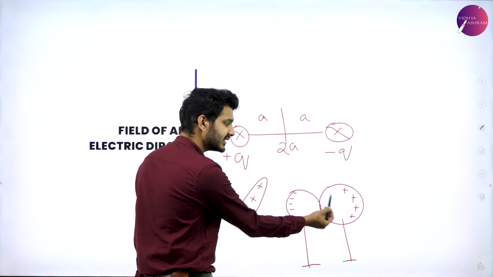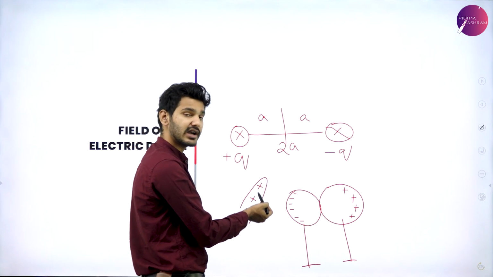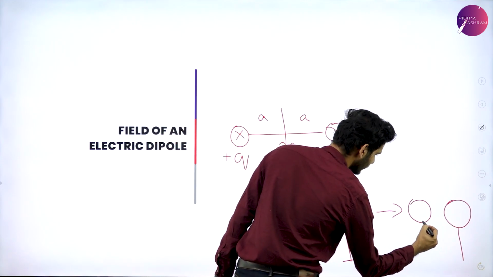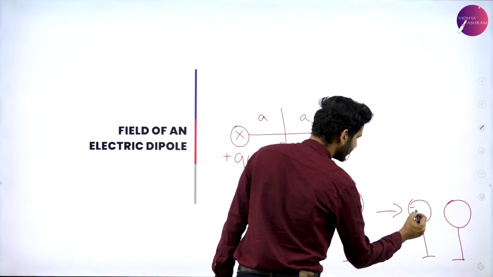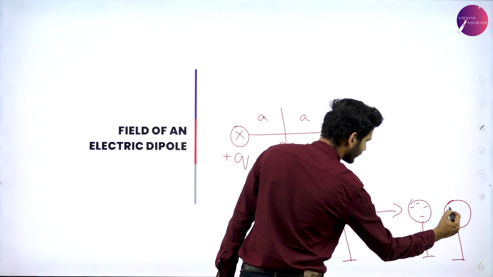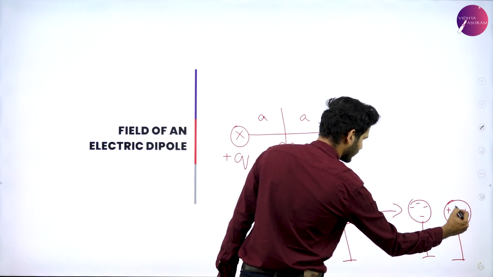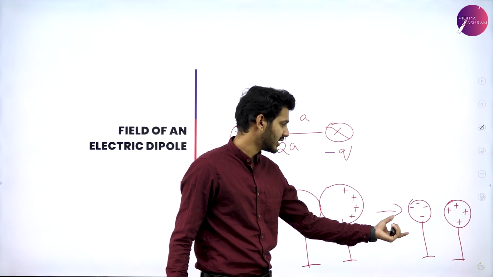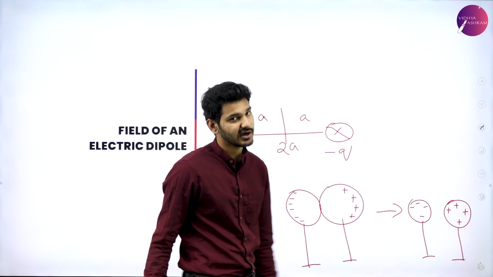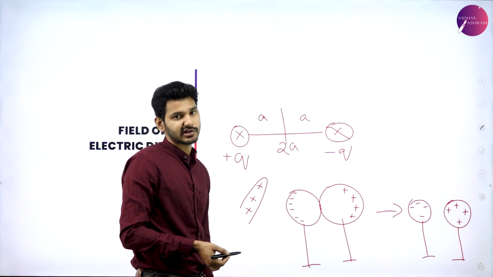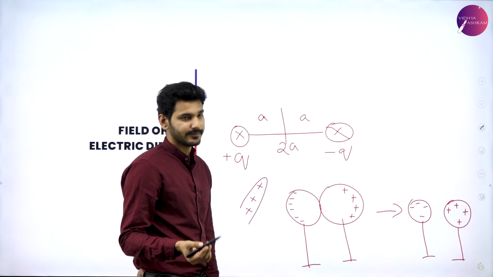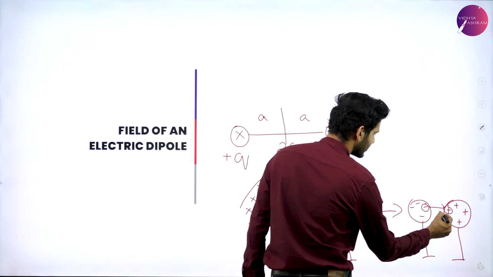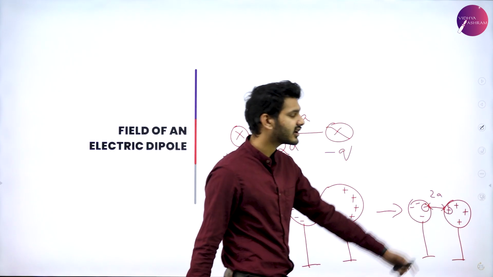And if we separate these spheres, keeping this glass rod like this only, then we will have two metal spheres, one being negatively charged and the other being positively charged. And these charges will be equal in magnitude, but they are opposite in polarity. So we can say that the distance between, let's say, this charge and this charge is 2a. And now we have created a dipole.